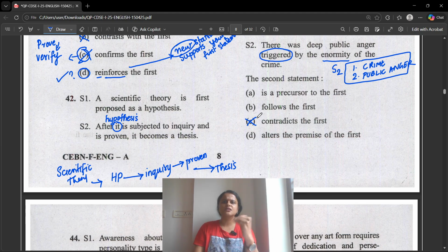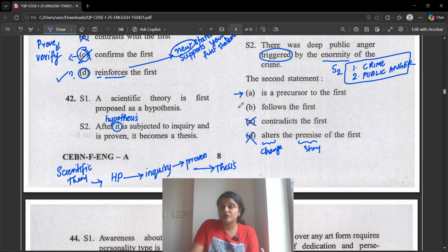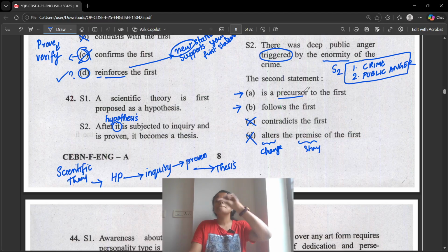Does it alter the premise of the first? Alter means to change. Are you changing the story, the premise, or something of that sort? No, they are related. No questions there. Now, here is the question. Is it a precursor to the first or does it follow the first? Precursor means that which happens before. Okay. So let's see.